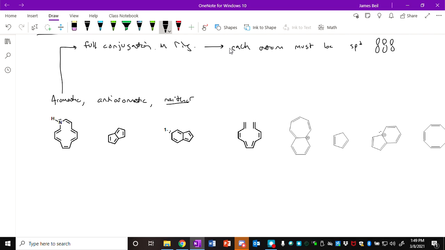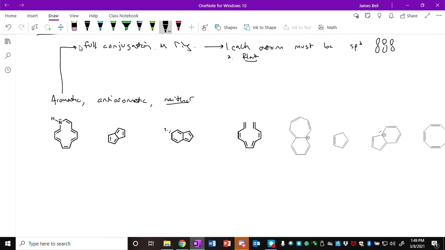and it has to be flat enough that those p orbitals overlap. There can't be rotations that cause one p orbital to be in a different plane from another because they have to overlap side by side.